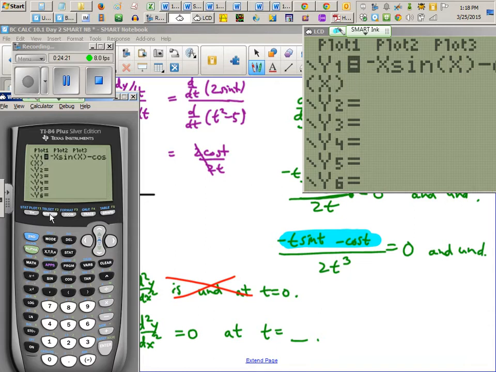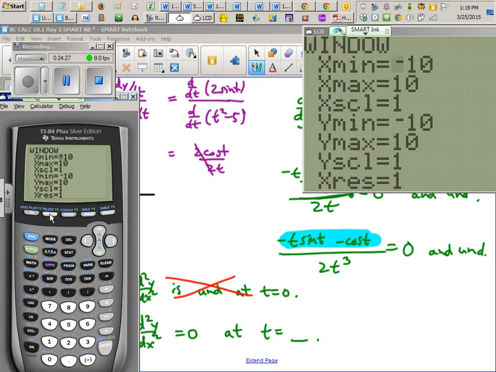And I'm definitely only interested in x's between like negative 10 and 10. We saw that window. That wasn't a very big window, right? But I already have that as Zoom standard, so we're good. Oh, no, I'm sorry. I take that back. We want 0 to pi because these are t values. My bad. So let's change this to 0 and pi because this x really means t here. Okay, graph away.